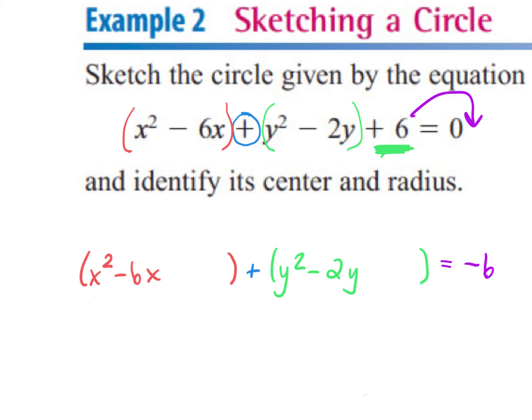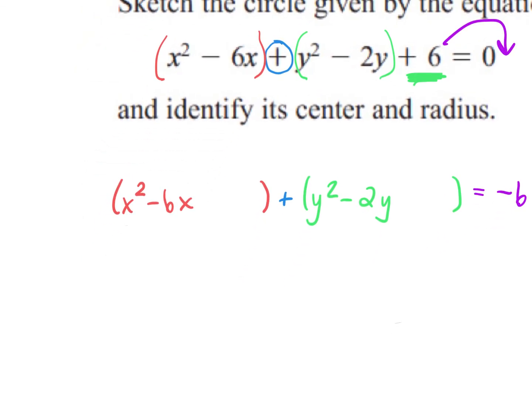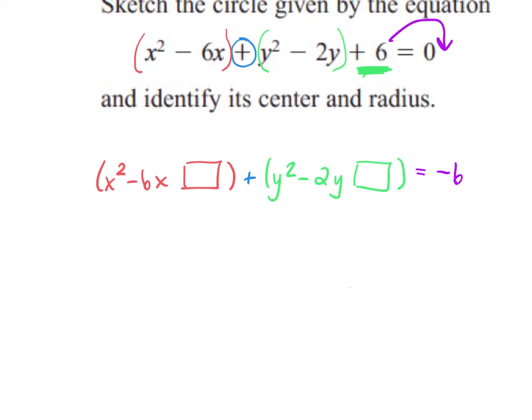Now, some of you might be saying, oh, I don't really remember this. That's okay. We're just factoring backwards is kind of how you can think about it. We're completing the square. I need to figure out what goes here and what goes here to finish my trinomial. And what you do to one side of an equation, you do where? To the other. Okay, so watch how easy this is. This is my b term right there.